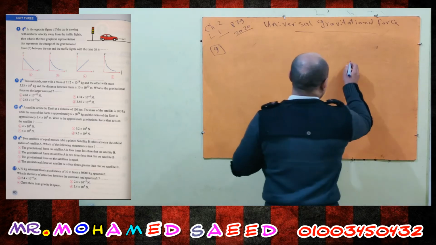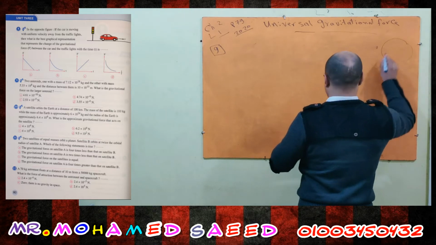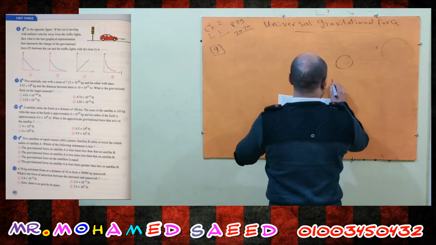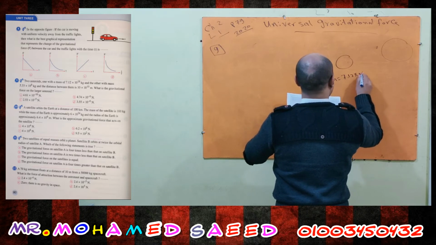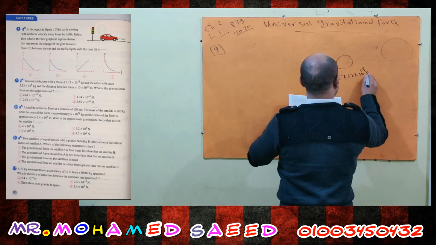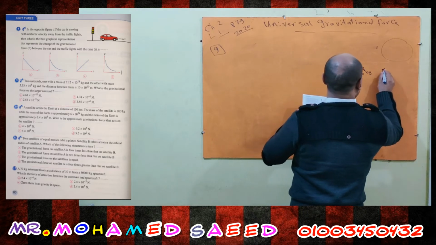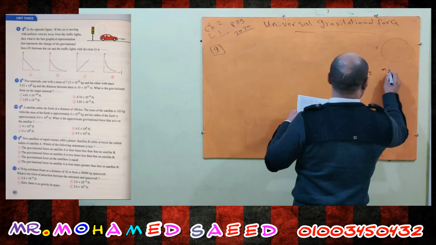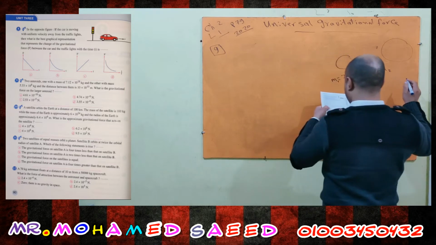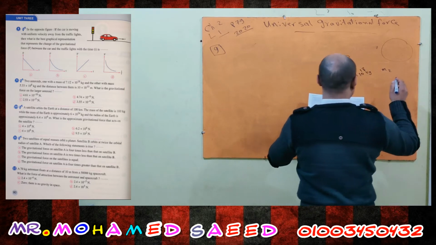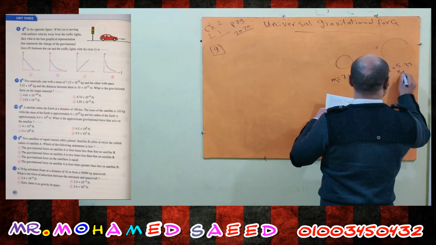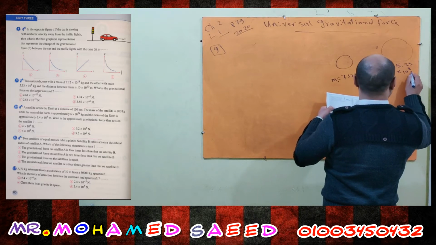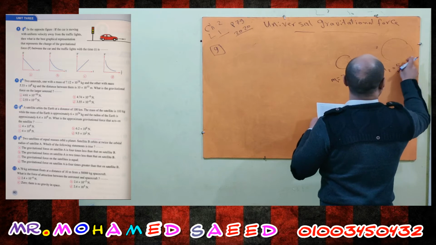Okay, we have two asteroids. The first one, the larger one, has a mass of 7.12 times 10 to the power 18 kilograms, and the smaller one has a mass of 5.33 times 10 to the power 8 kilograms.